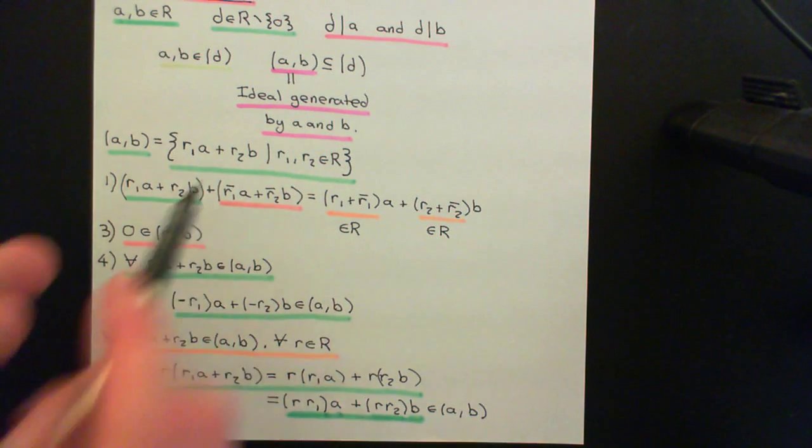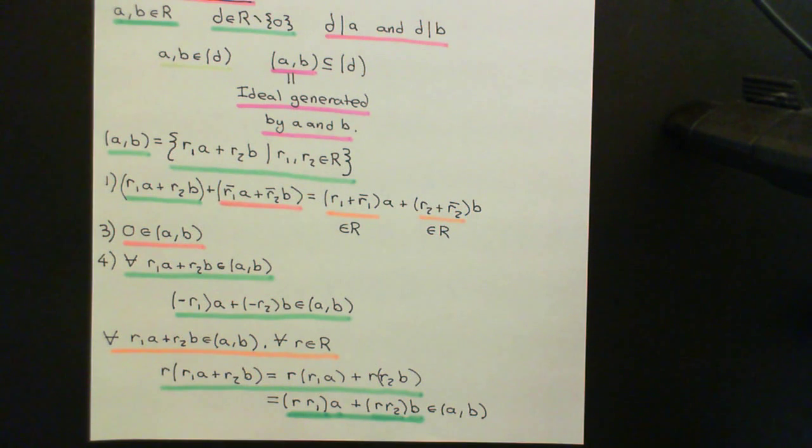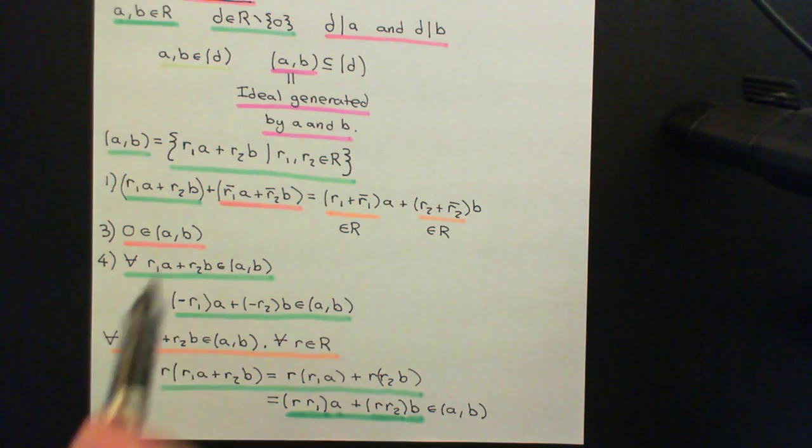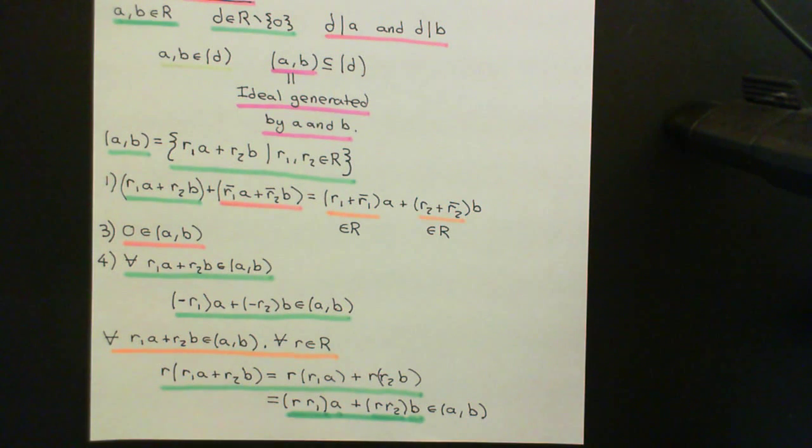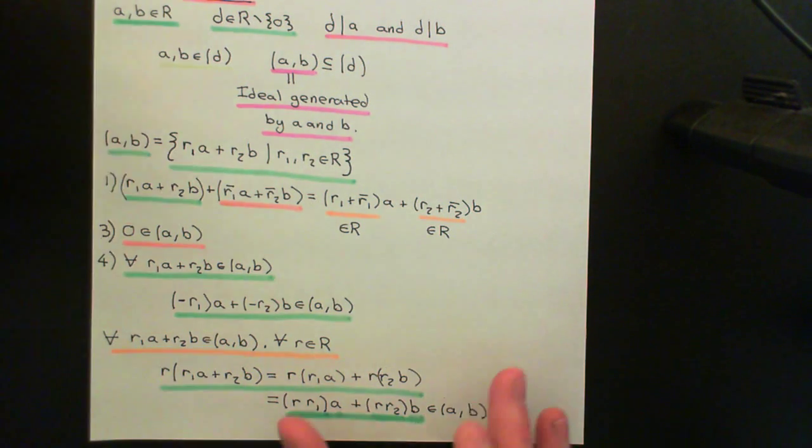And we've agreed that if you've got an ideal that contains A and B, all of those elements have to be in there. So this has to be the smallest possible ideal that contains both A and B. Okay, so that is what is meant by the ideal generated by A and B. It is truly the smallest ideal that contains A and B.